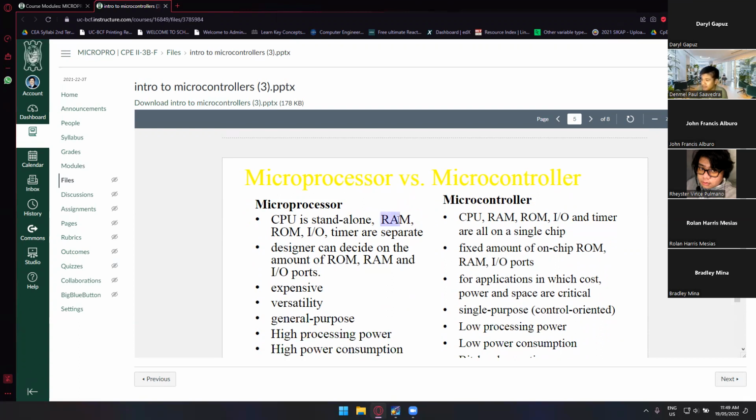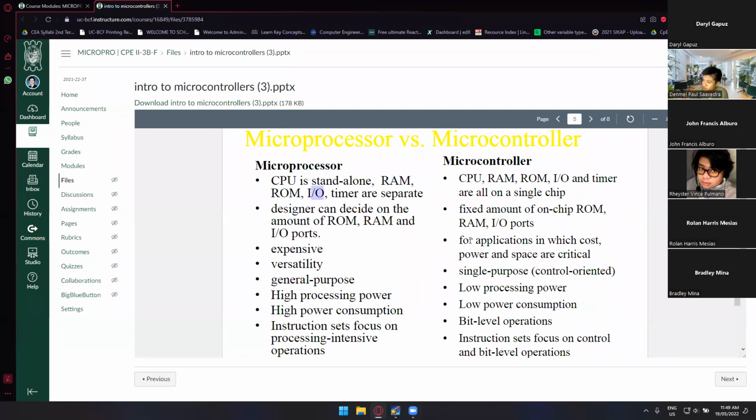And like in here, you can change the RAM anytime, you can change the ROM anytime, same with the ports. And this one is for applications in which cost, power, and space are critical, since as you already know, a microcontroller is this small. You can see that Arduino is one good example of a microcontroller.